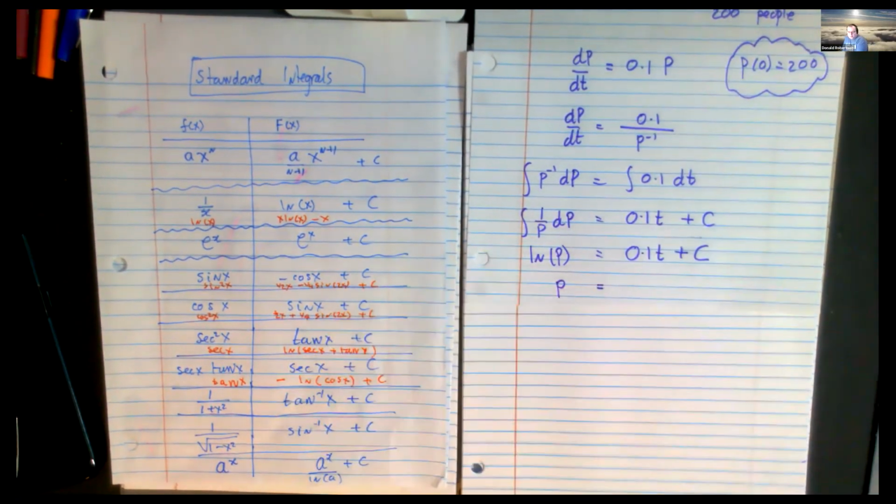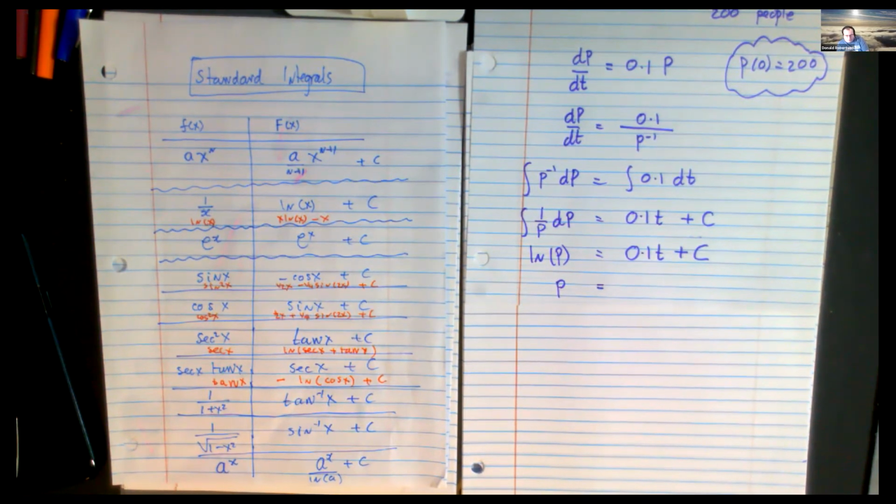What do I do to both sides to get p on its own? Any suggestions?